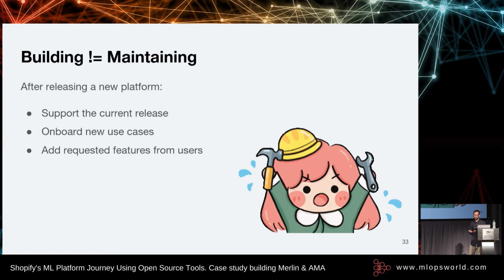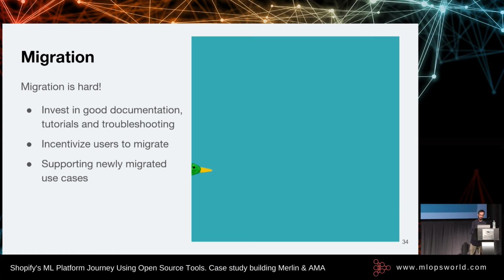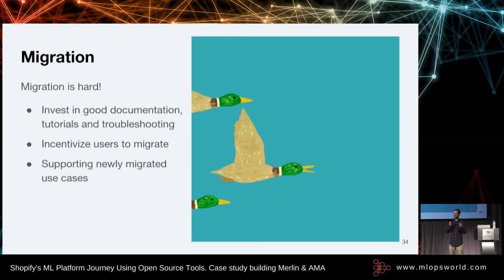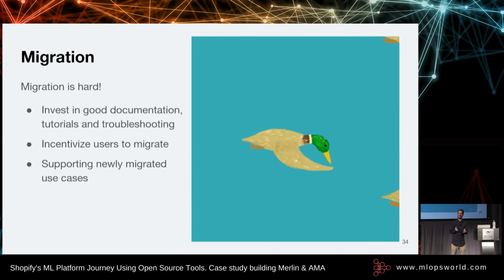As more users onboard to the platform, there will be new requirements which you need to plan for in your roadmap. So building a platform is hard, maintaining is hard, and also if you already went through 2 iterations of building a machine learning platform, you have to migrate folks, and migration is also hard.